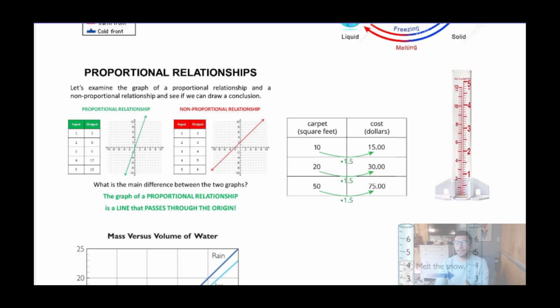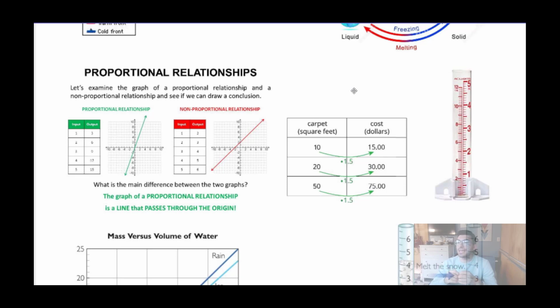Now, looking at the data here, the sample data between carpet and cost, what it means if I'm looking at data, calling the data proportional, is that the data in the X column is related to the data in the Y column by a common factor, right, that you're either multiplying or dividing by.